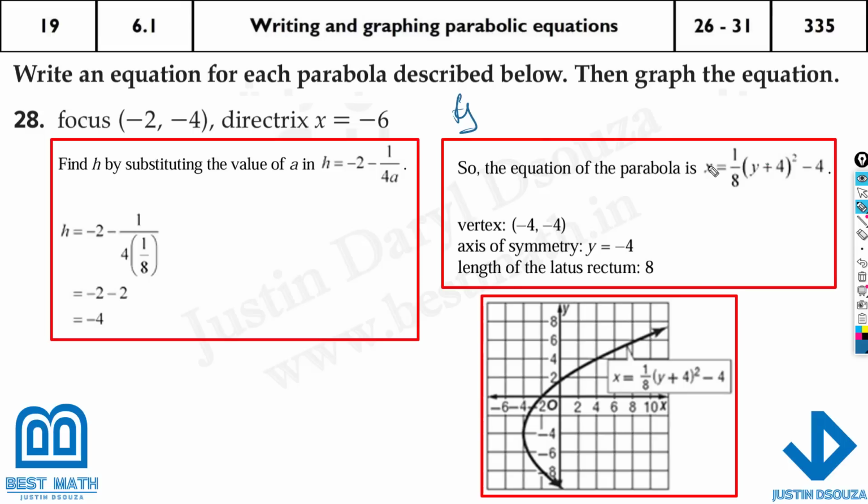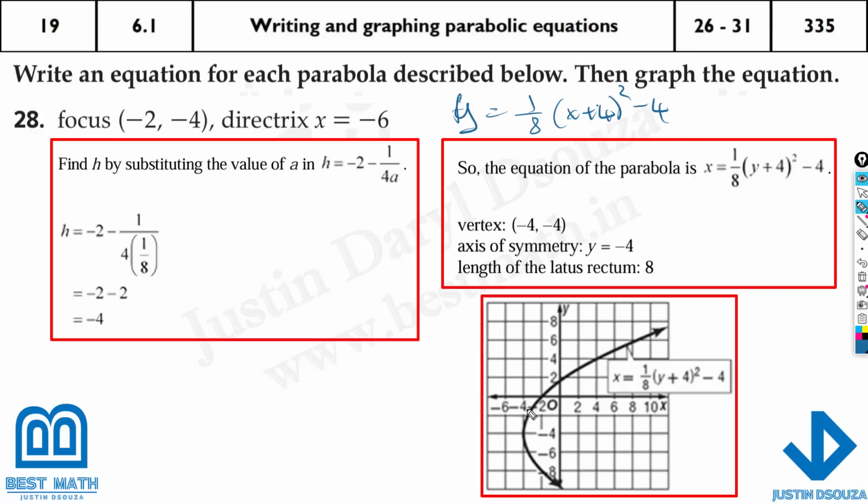So when you input, it will be y is equal to 1 by 8 into x plus 4 the whole square minus 4. You have to put this in the calculator. But just remember, whatever answer you get is the other way around. It's not x and y, it's y and x. What values you give for y will be given here for x. What values you give for x will be for y exactly.